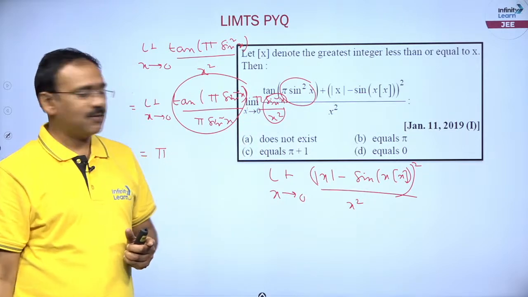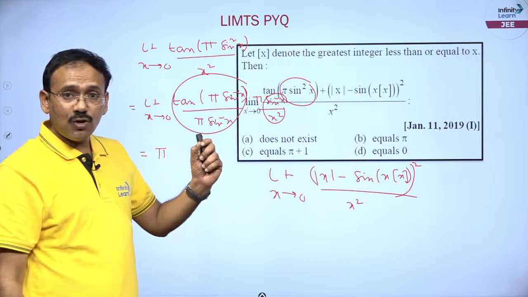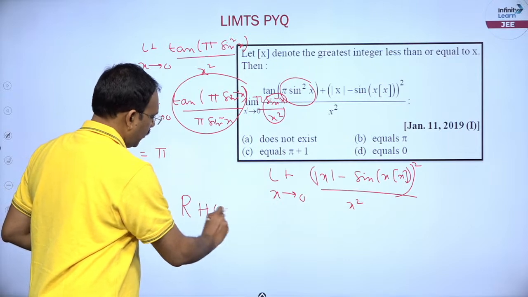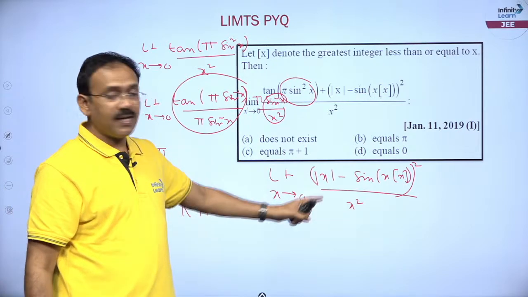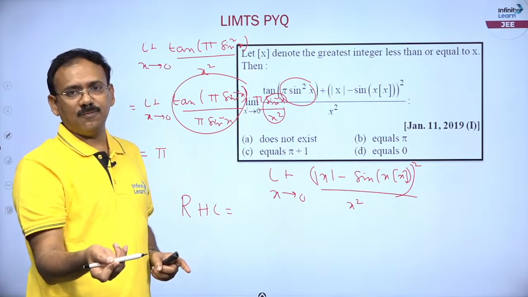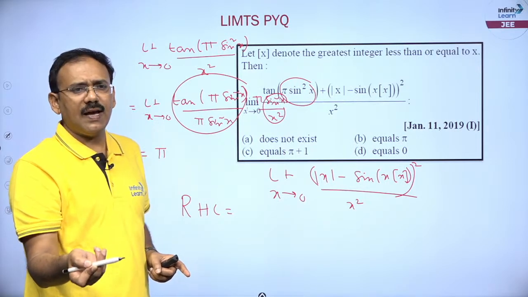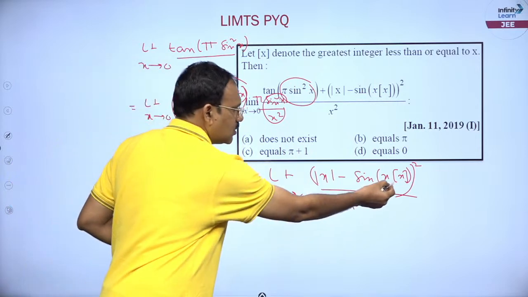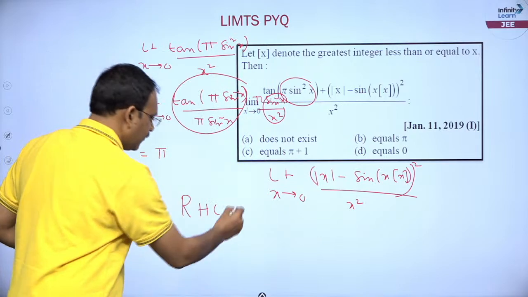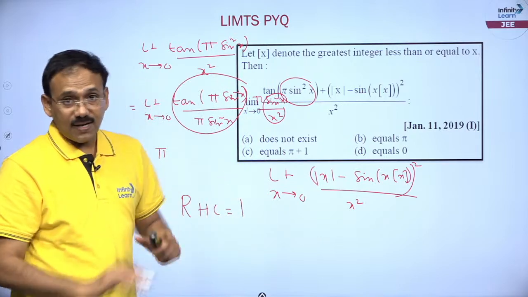Let me take this part. Limit x tends to 0 plus, my dear friends, you see, right hand limit I am talking about: mod x becomes x, step x becomes 0, because x is slightly greater than 0. So this is 0, x square by x square you will get, which is 1. So, right hand limit exists.